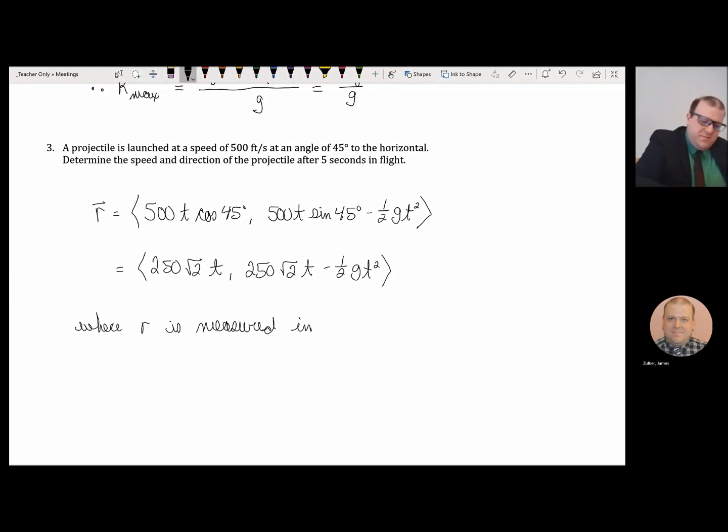Just feet. All right, so units for each coordinate is feet. And that's what this is saying.